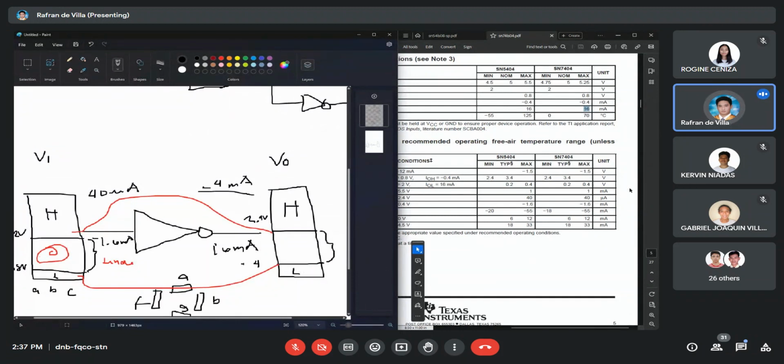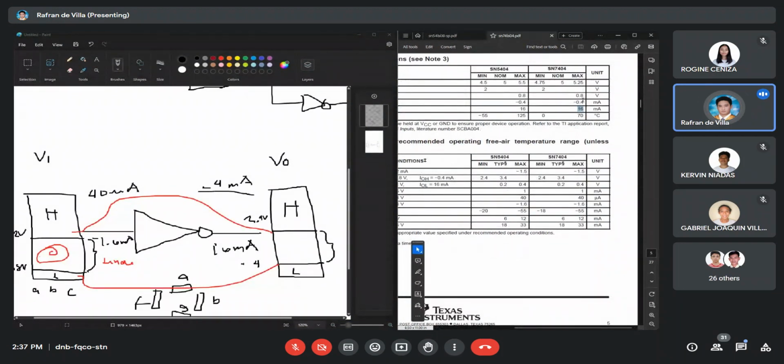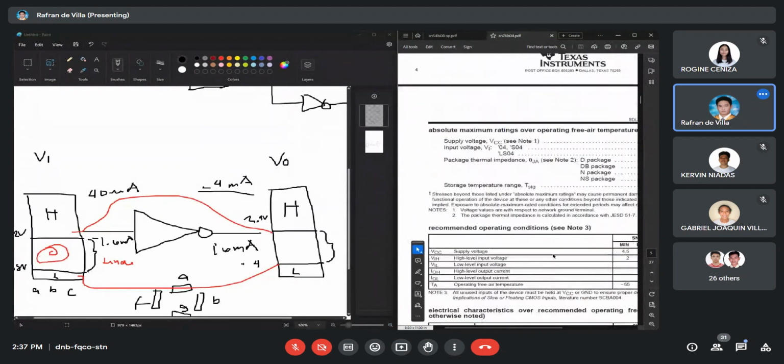But when you talk about the current, tanawa, ang current output high o current output low, baliktad. Sa current output high, 0.4 milliamps. Nya, sa current output low, 16 milliamps. Okay?